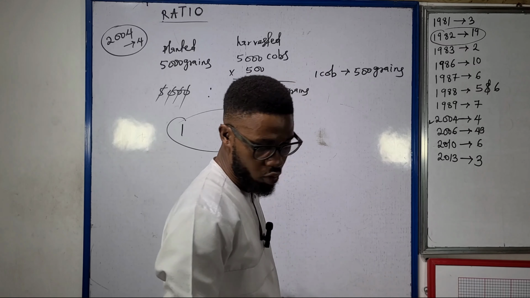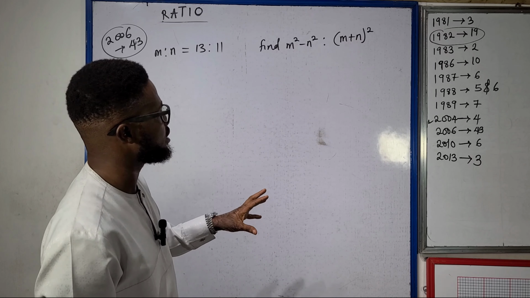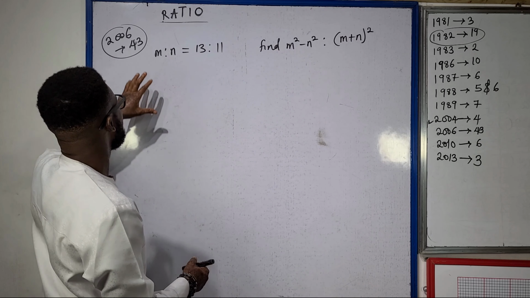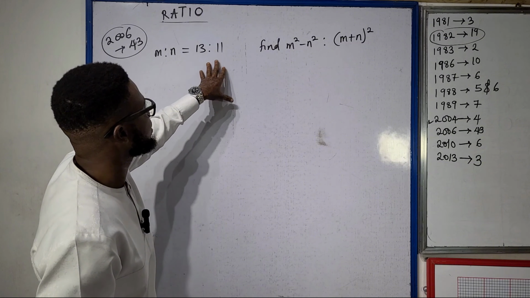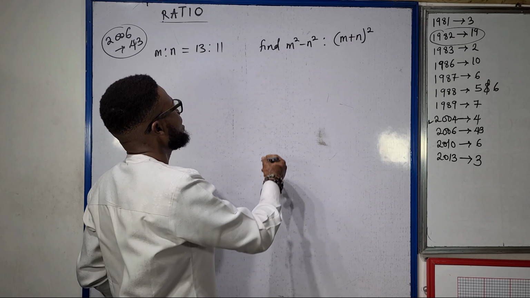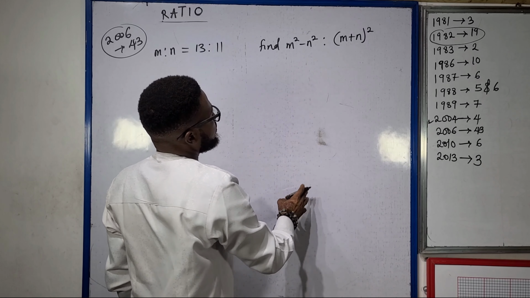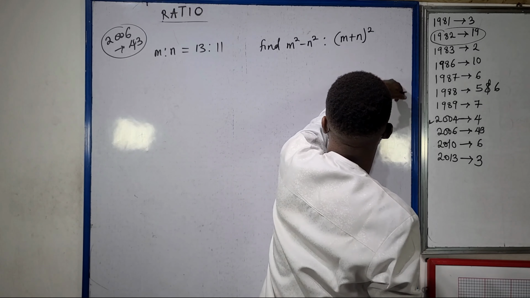Question 4, the correct option is option A, and that ends 2004 question 4. So moving on, the next question is 2006 question 3. It goes m ratio n equals 13 ratio 11, and here we're told to find m squared minus n squared ratio m plus n squared.